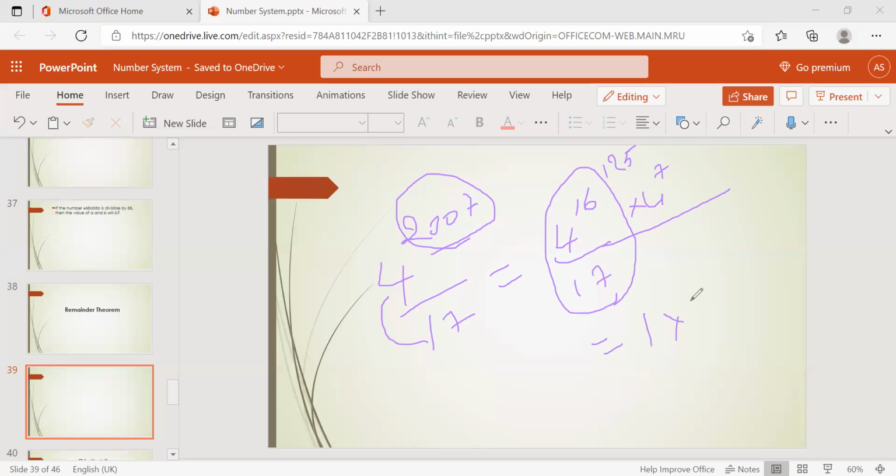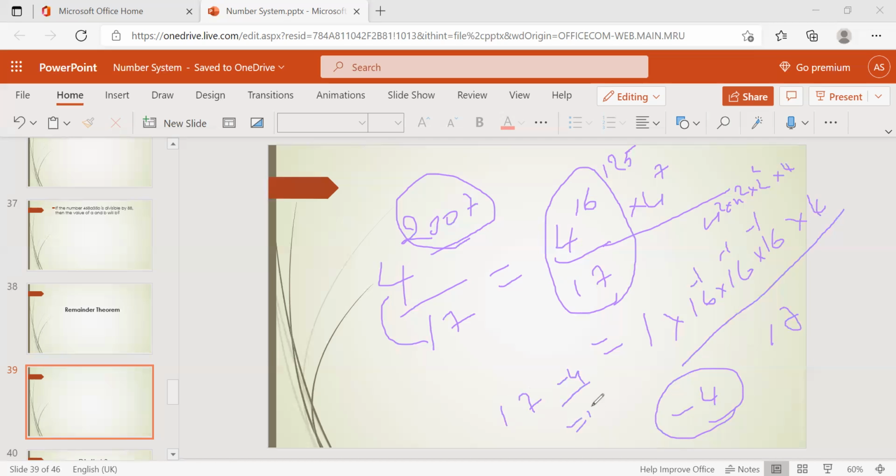I can write 4 square is 16, so 4 power 7 is 4 square into 4 square into 4 square into 4. So 16 gives a remainder of minus 1 with 17, so it is minus 1 cubed, which is minus 1, into 4. So minus 4. But a negative number cannot be a remainder, so 17 minus 4 is 13.